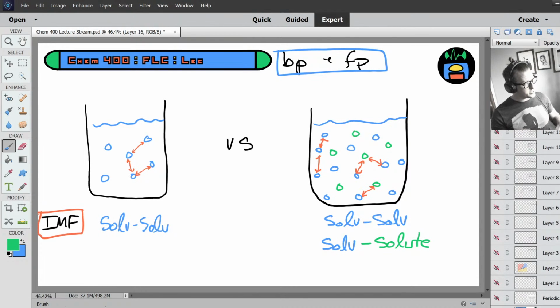In other words, there are more attractive forces present in a solution than there are in a pure solvent.